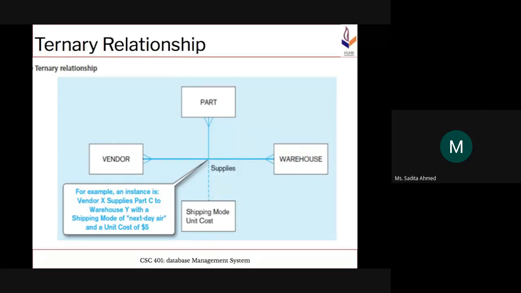No. See here, no bar is given, no circle is given. With a crow's foot, if there is a bar, what do we know? It's a mandatory participation. If it's a circle, what do we know? Optional. But here none of that is mentioned. You must mention that in an ERD. In an ERD, the optional or mandatory participation must be there. Otherwise, it's incomplete. However, here assigning this will be a bit difficult.